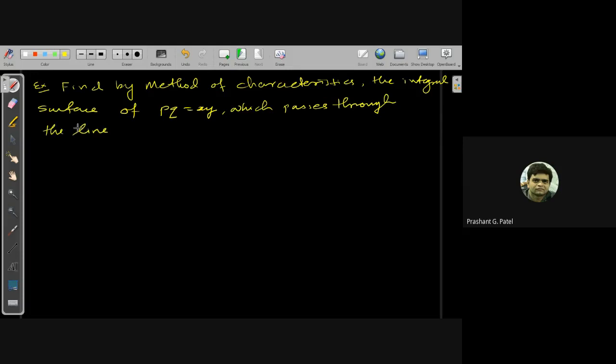So instead of a curve, it is a given line: z = x and y = 0. The intersection of these two planes gives you a line.